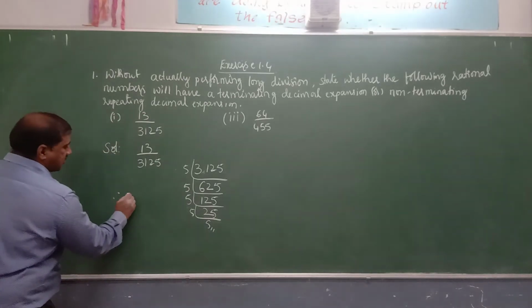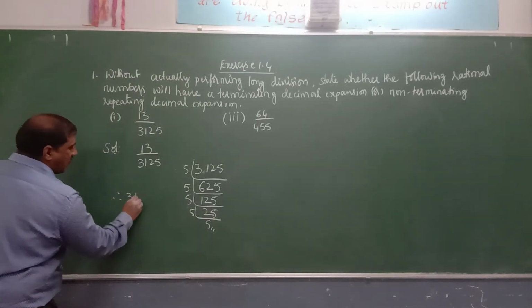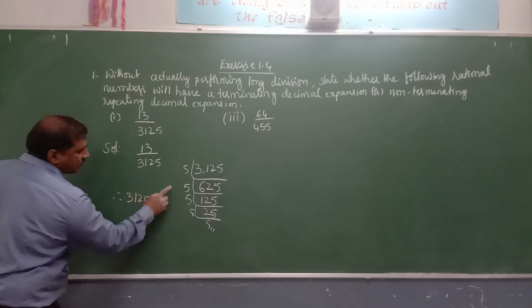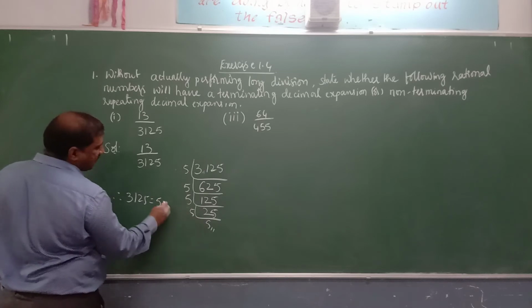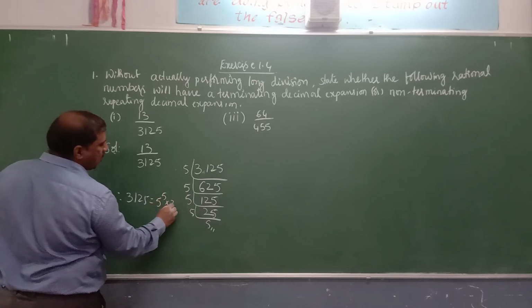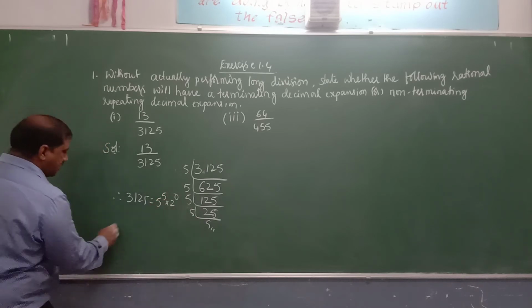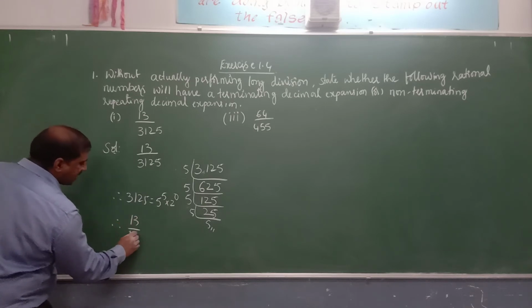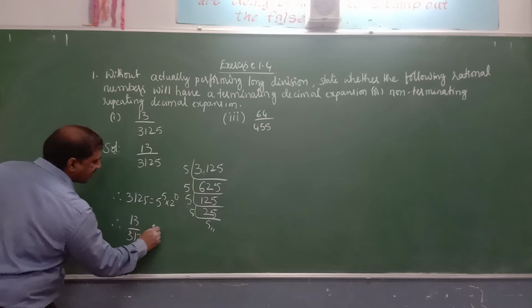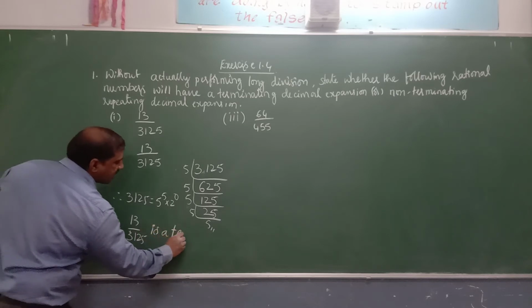Therefore 3125 can be written as what? 5 into 5 into 5 into 5 into 5, that is 5 to the power of 5 into 2 to the power of 0. Therefore 13 divided by 3125 is a terminating decimal.